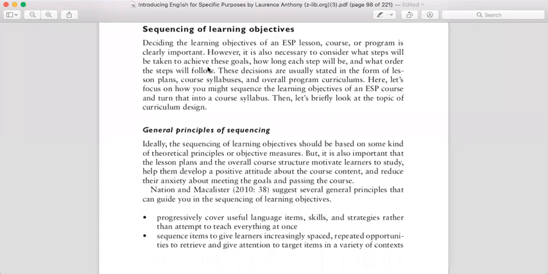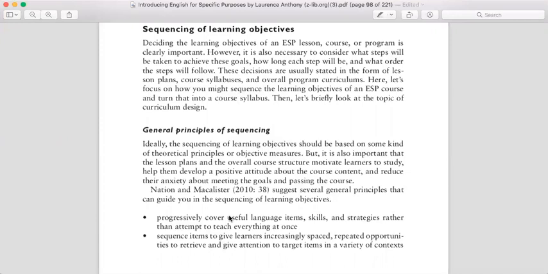But we are going to look at some of the general principles of sequencing as given by Nation and Macalister in 2010. They have given their suggestions in the form of principles, but there are a number of other linguists also, and you can get an idea from their principles and form your own principle of sequencing. It's really up to you.